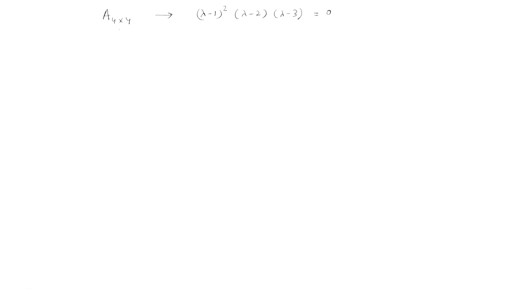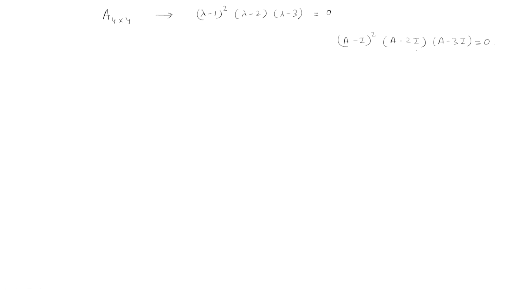So, what is the characteristic polynomial? This is the characteristic polynomial of this matrix A, and by the Cayley-Hamilton theorem we can easily say that (A minus I) whole square into (A minus 2I) into (A minus 3I) should be 0, because by the Cayley-Hamilton theorem a matrix satisfies its characteristic polynomial.